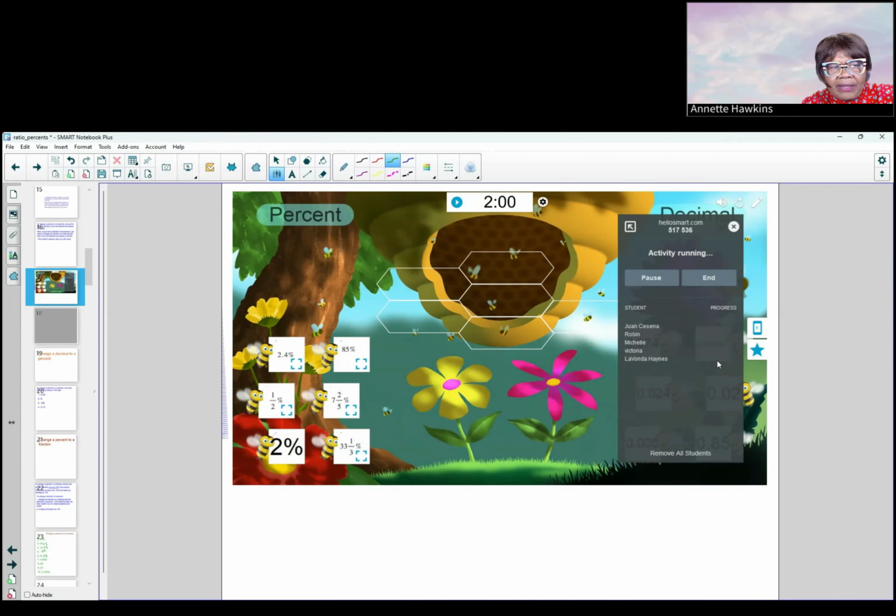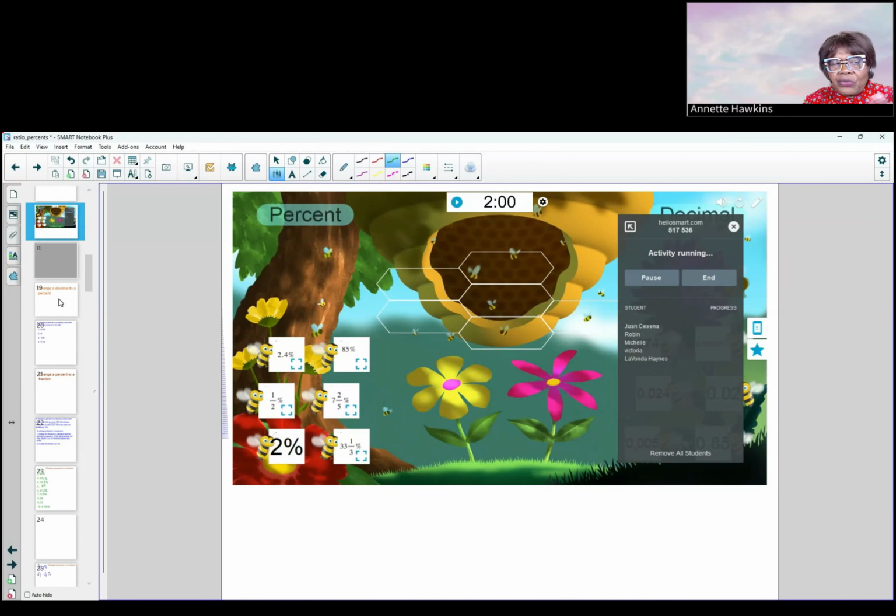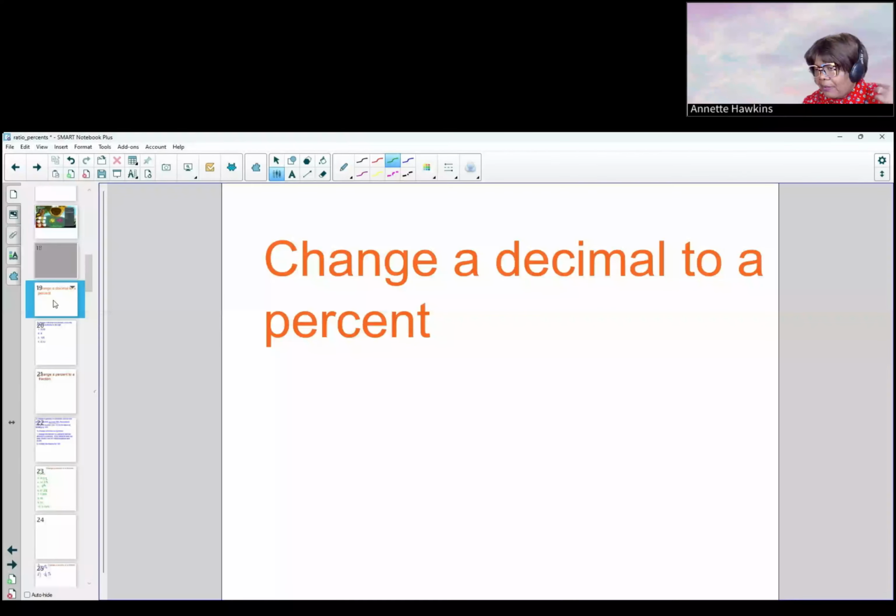Yeah, it's open now if you want to play with it. But be careful because we get ready to move to changing a decimal to a percent. Okay. So Robin, is it letting you in now? Yeah, and then it'll just end after a certain amount of time.